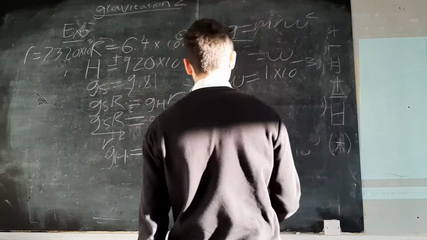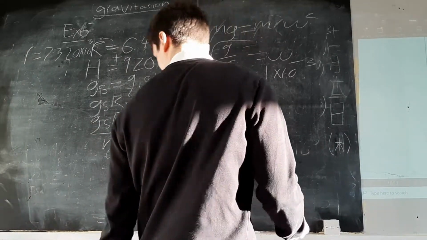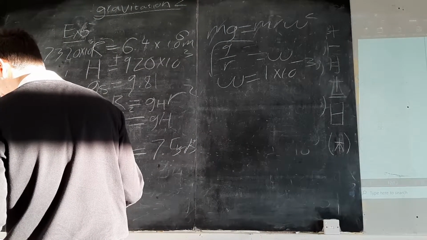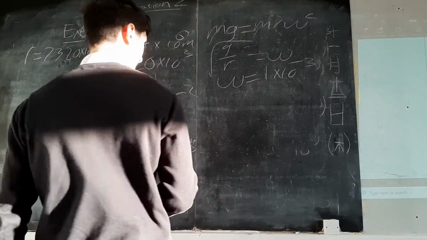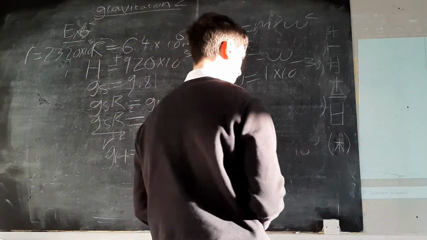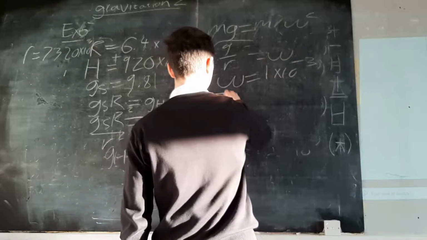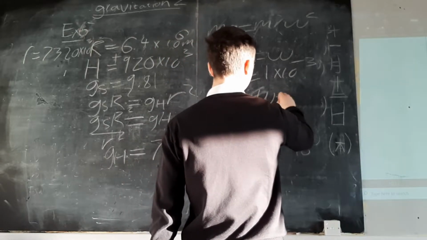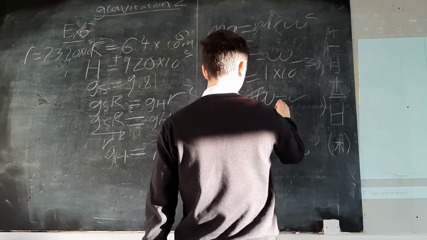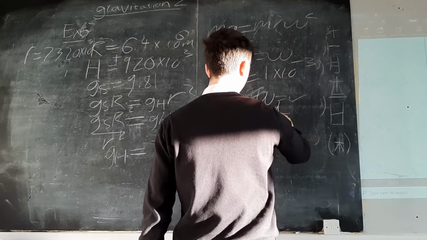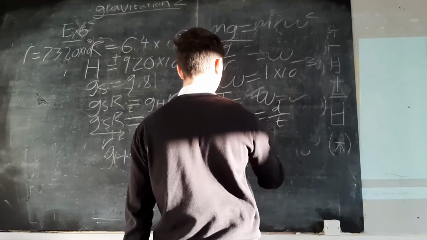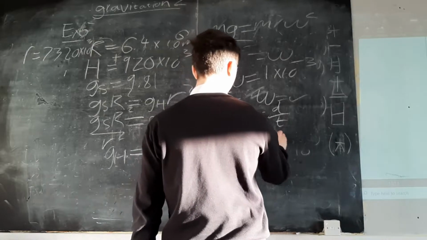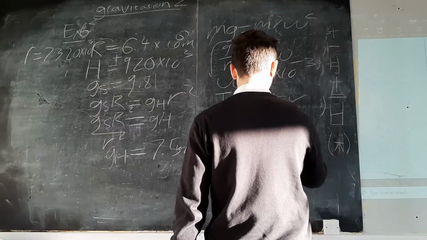So now we have to find the period. I did this completely differently. I just did it in one go and mashed them together, which is nice. Yeah, I mean, they both work. So, omega is angular velocity and v equals d over t. Through that, 2 pi over the period equals omega.